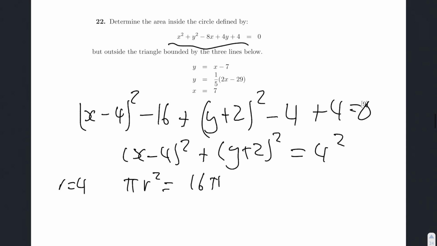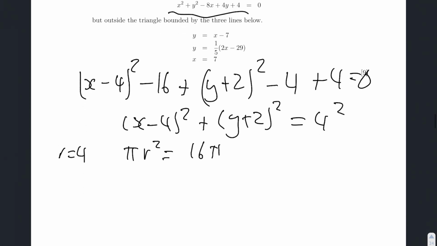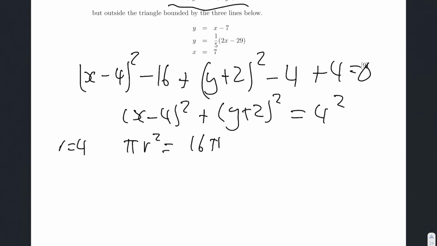So now to work out the area of the triangle, we know that we're going to have to find the points where all of these lines intersect. So simply just trying to draw it a little bit, with y equals x minus 7. So I'm going to draw like that. A fifth, 29 over 5. What is that? That's around 6, I think. Yeah.